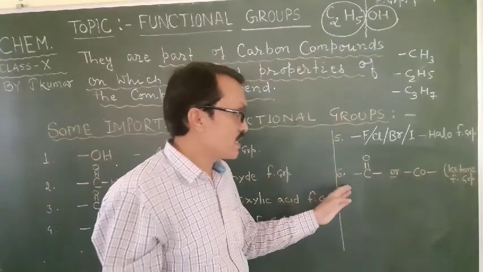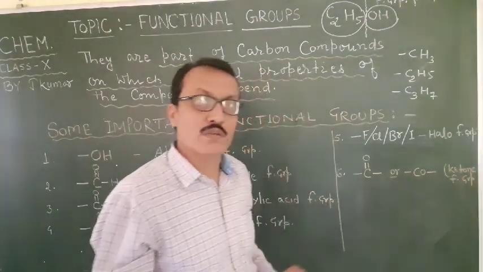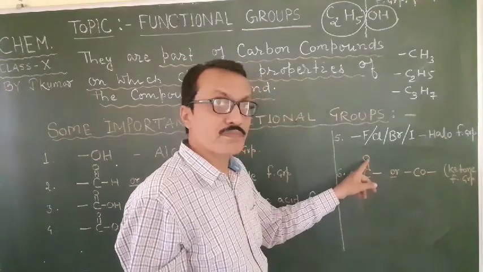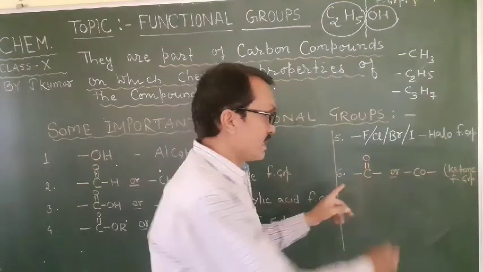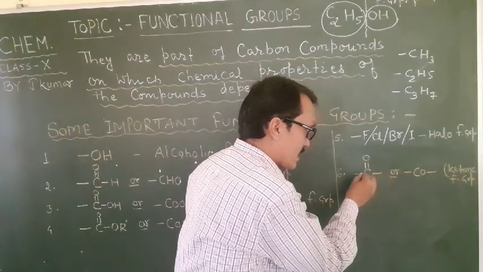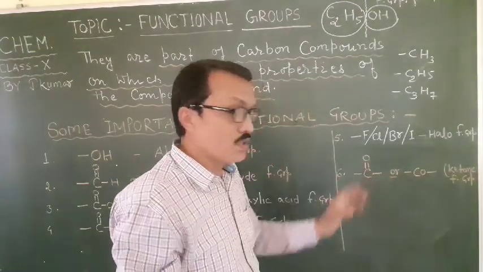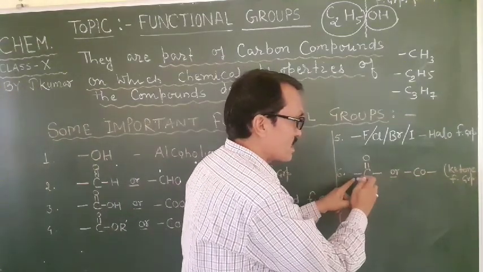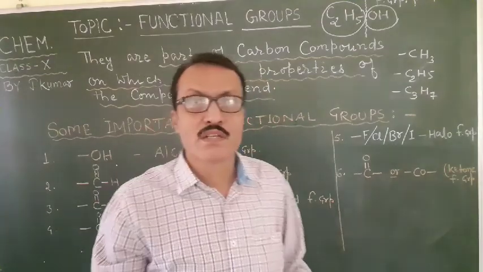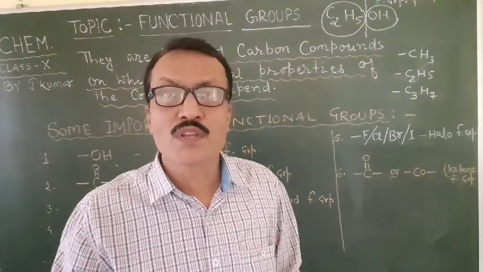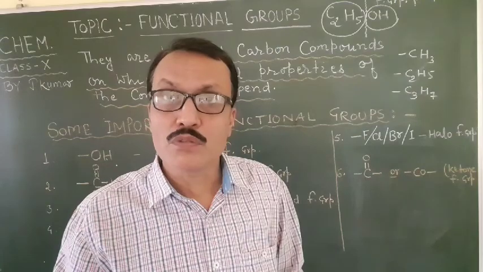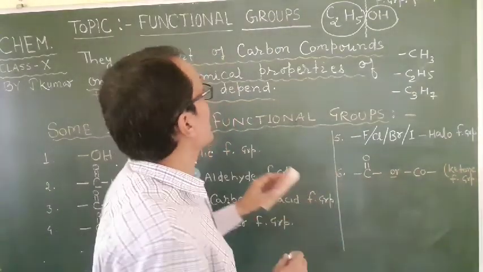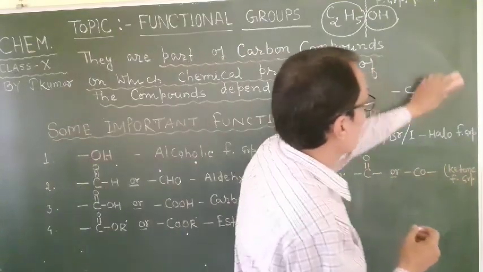And the next one is the ketone functional group. Students, ketone functional group, this is CO. Okay? And you are looking here, this CO should be in the middle and at the terminal positions, both terminal positions, two similar or dissimilar alkyl groups may be present. Okay, right? For example, students, I am going to show you.